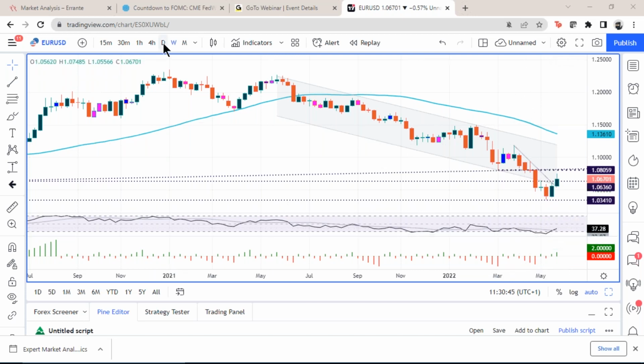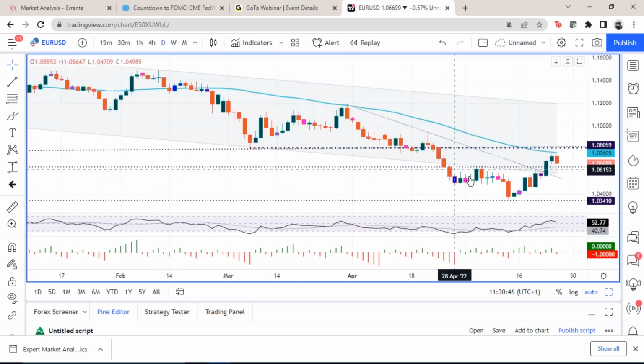So if I just show you actually on the daily, it's better. So we printed a new low in price, but we didn't print a low in the RSI indicator. So bullish divergence there, and we pushed off that major support level around 103.41 up into the 105 level.